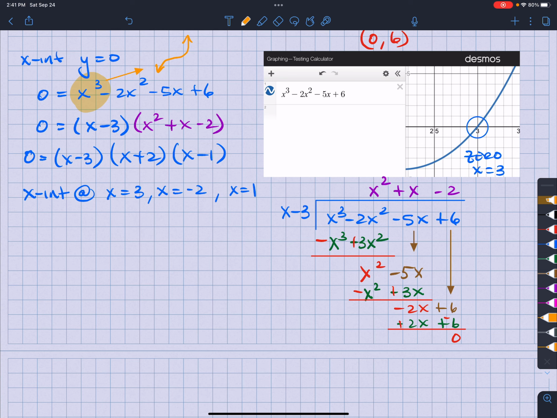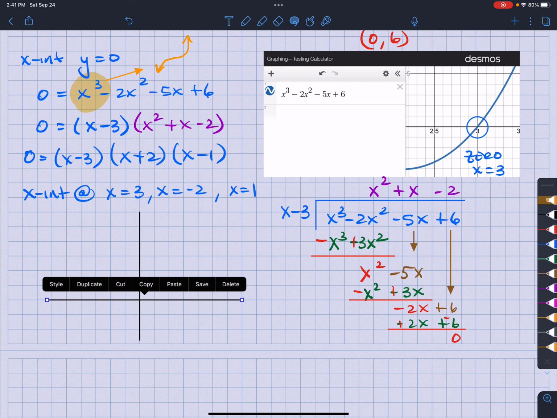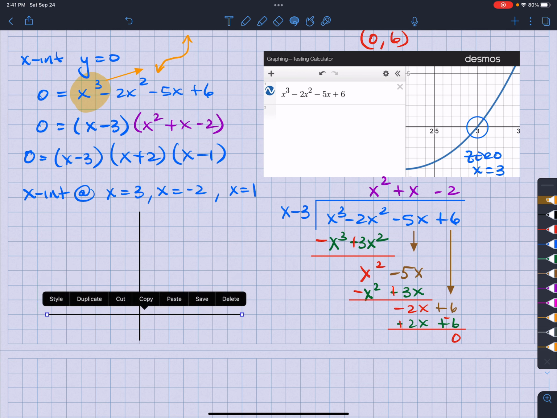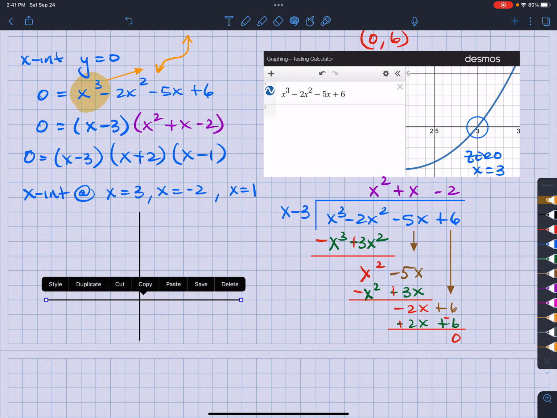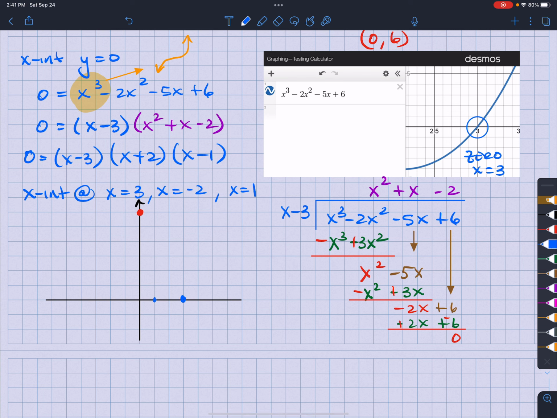It's going to go through those roots, so let's go ahead and throw a graph here. My y-intercept is 6. My x-intercepts are at 3, at 1, and at negative 2.